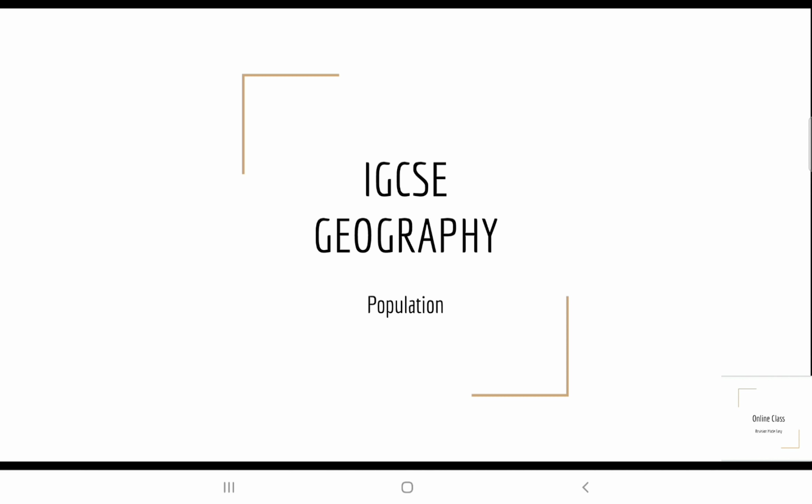The only difference is in how the exam papers are. So the syllabus is exactly the same. Population dynamics, migration, population structure, population density and distribution are all in the topic of population.